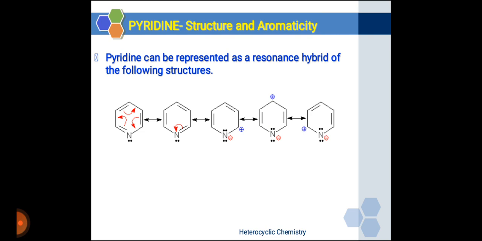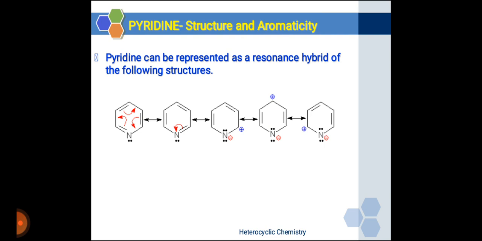Normally benzene acts as a very good resonating structure. Why? Benzene has alternating double bonds and single bonds. Here one carbon atom is replaced by nitrogen. That nitrogen has a lone pair of electrons, but no lone pair of electrons is involved in the ring structure, so the shifting of electrons from one carbon atom to another carbon atom is involved.